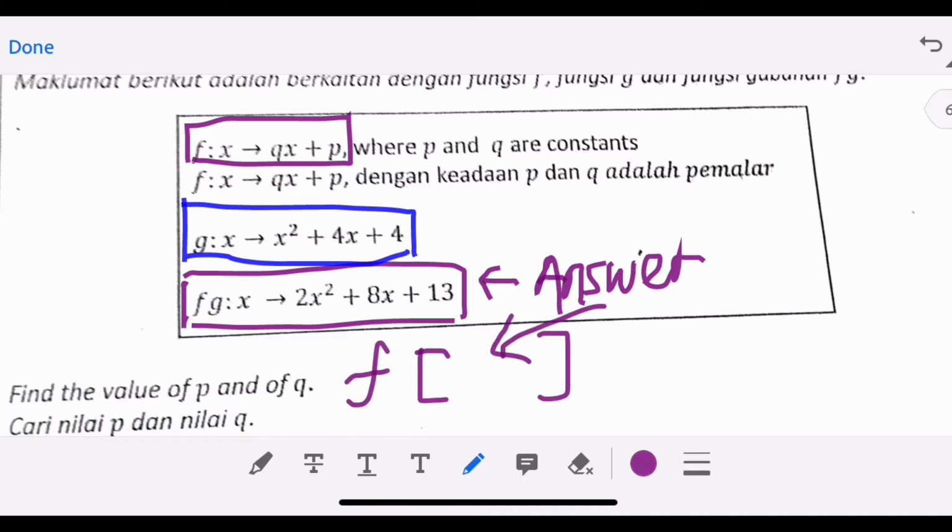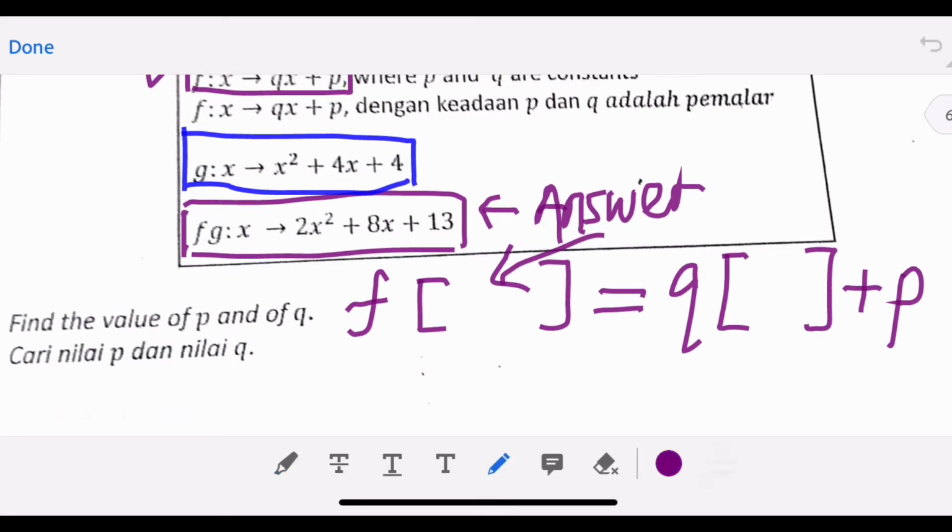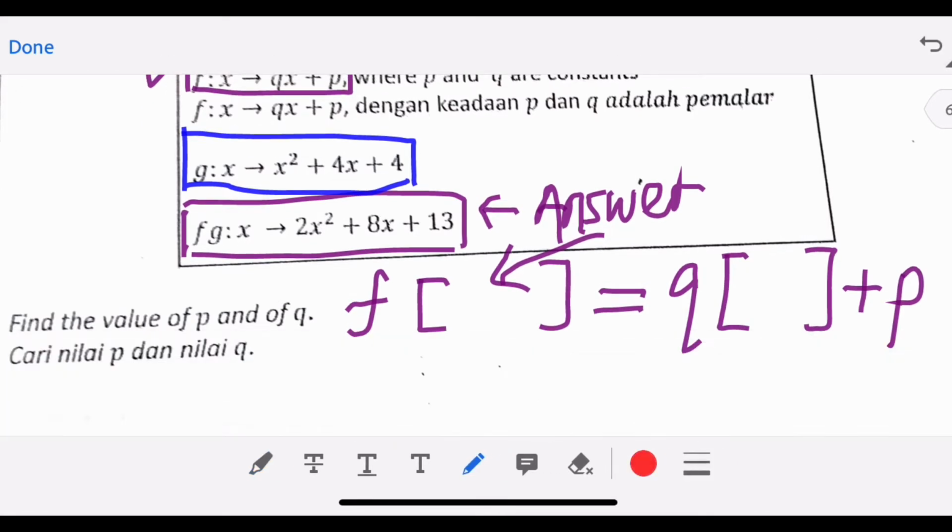So I'm going to write down the function f first, this one. The moment I see the x, I just leave it empty. I never do anything because I actually know that I'm going to use a function. So what are you going to substitute inside as an object?